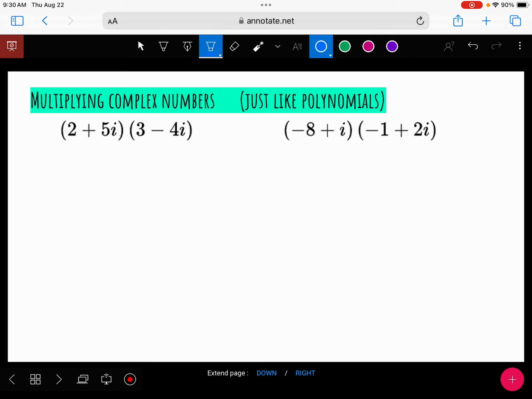Is it the same process? The process is exactly the same. The only thing that's different is when we get to the end, we need to simplify using our exponent rules that we just did with our i's. Okay? So multiply it out. Usually distribution. You can box it if you want to, but either way.